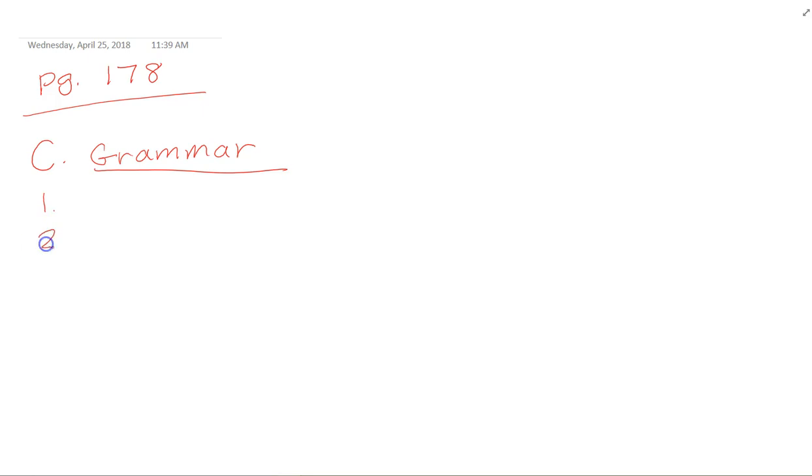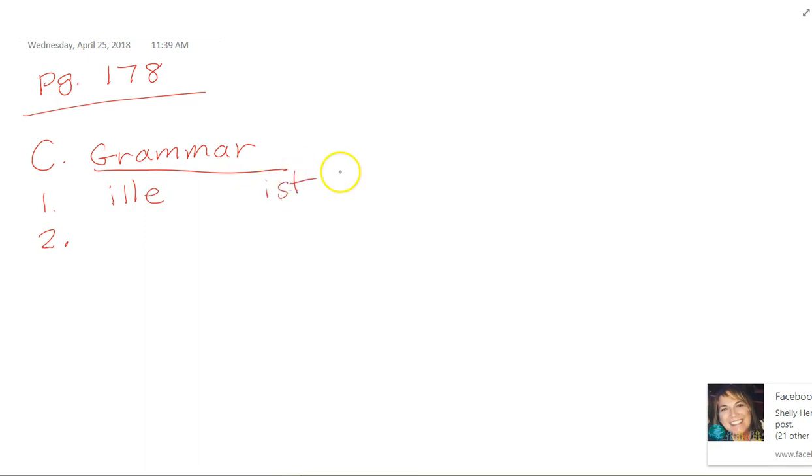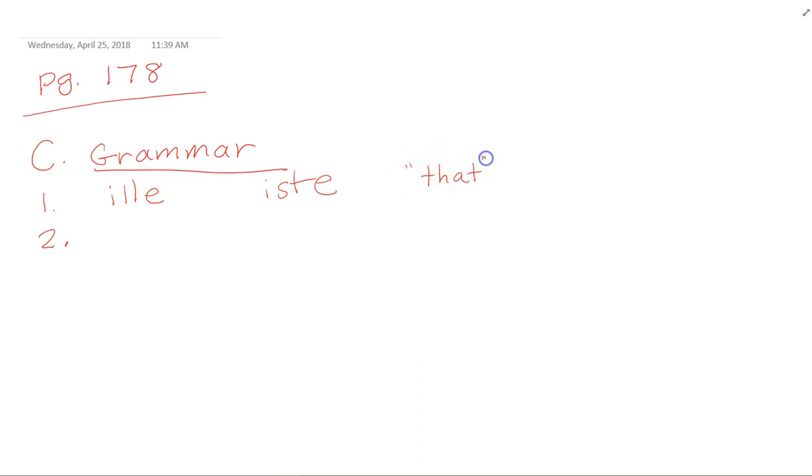C has part 1 and part 2. We've talked about this yesterday, the difference between ille and iste. What was the difference between ille and iste? Well, both of them mean that. Ille means that over there.